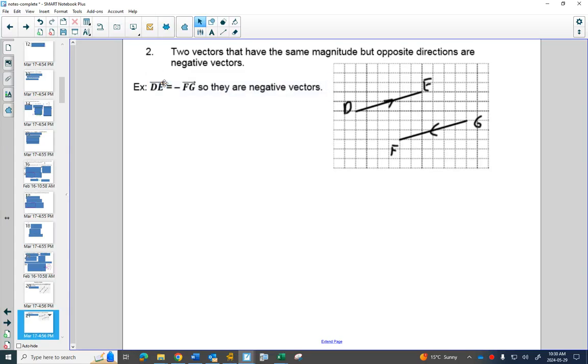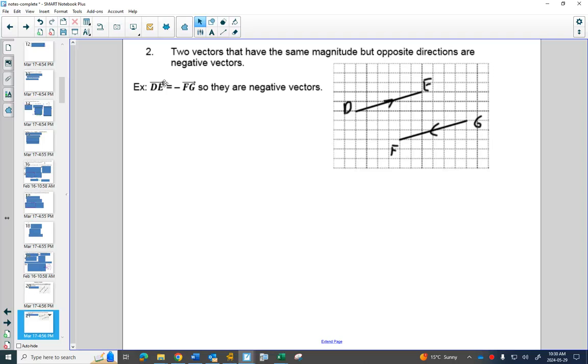If you have the same length, but the direction is opposite, we just make one vector the negative of the other one. Or you could do it the other way, right?